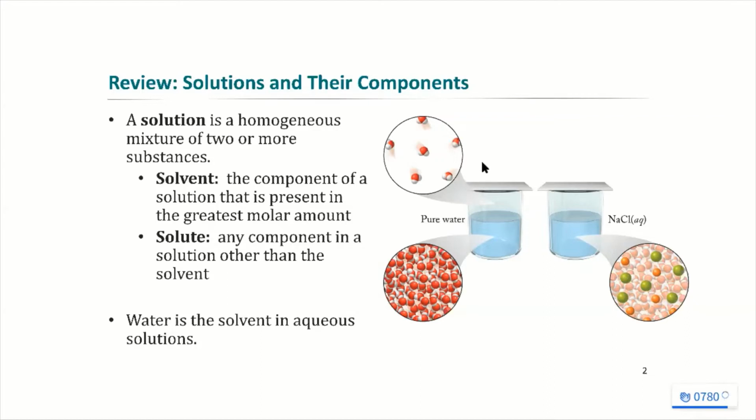Ordinarily, especially in this chapter, we're going to focus on water, water being the solvent in almost all of these cases, where water is dissolving various ionic and covalent compounds along the way. And then the solute, basically whatever is dissolved in that solution.